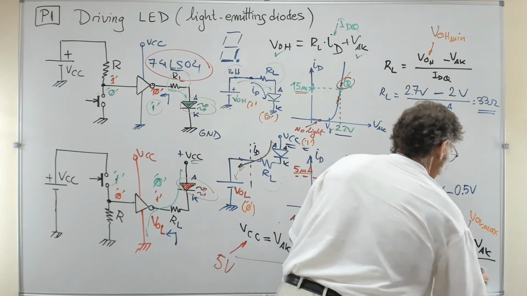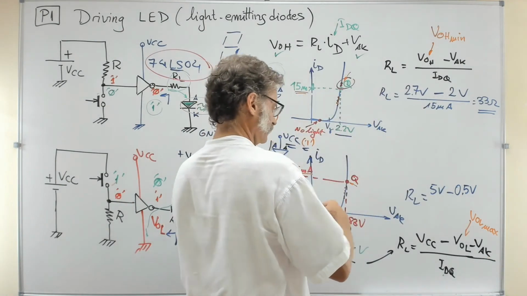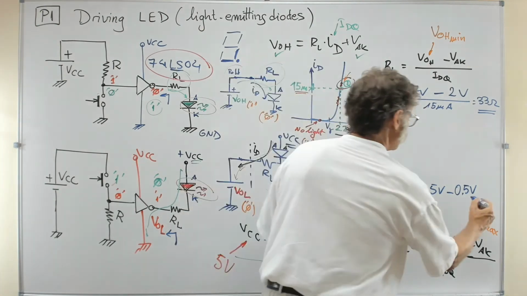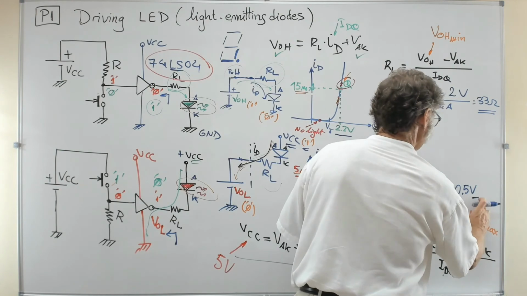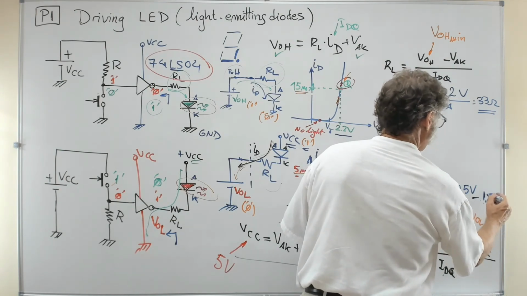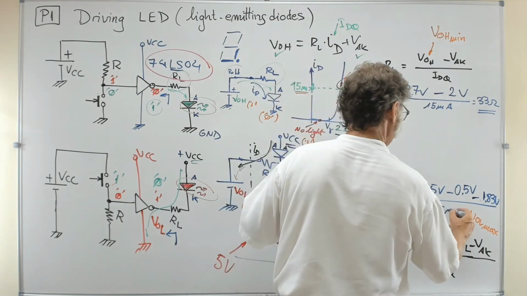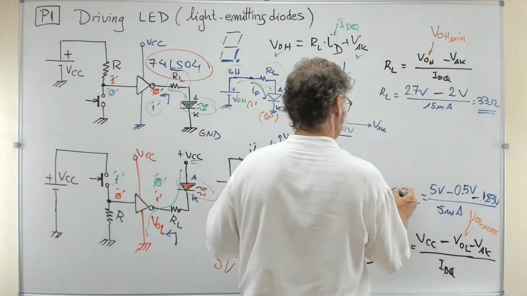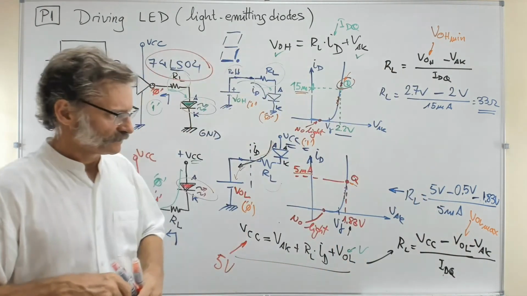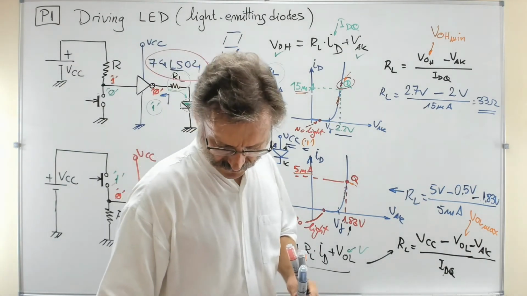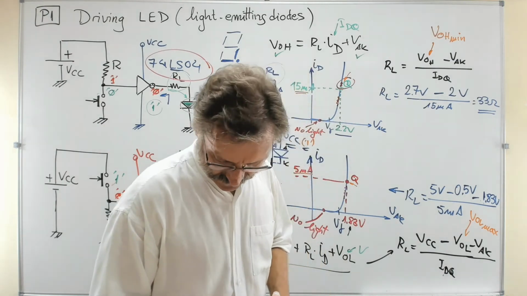So now I've got the whole equation, because the voltage anode to cathode is 1.83, divided by the current now, which is 5 milliamps. And this resistor is 4.5 minus 1.83.